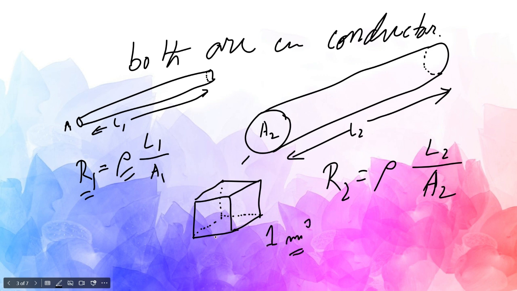Every side is 1 meter. So this area A equal to 1 meter square, and this length equal to 1 meter, or this height also 1 meter. Every side is 1 meter, so it's a 1 meter cube. In this case, the resistance that this cube will provide will become rho, which is resistivity.